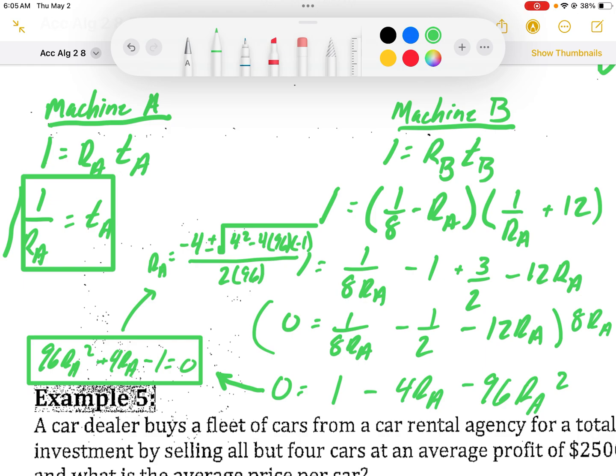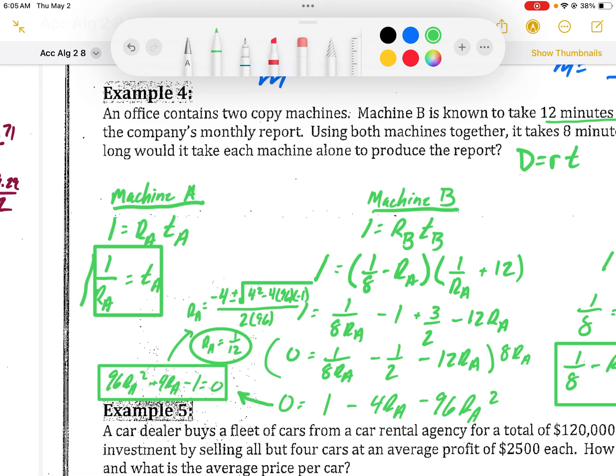That will give me 16. And then if I do 16 divided by 2 times 96, that will give me 1/12. So I have RA equals 1/12. And I'll circle that.